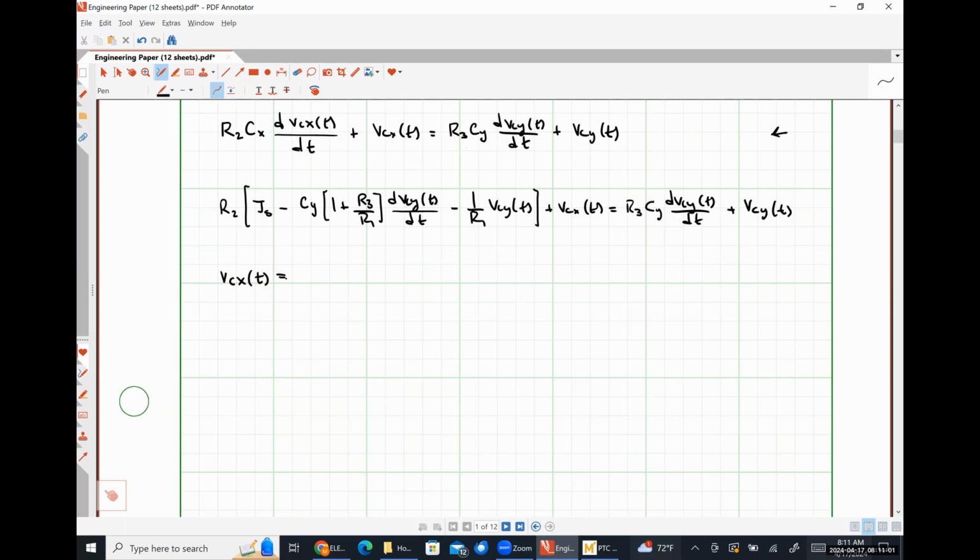So I'm going to have an R3 CY, which is from this guy, plus an R2 CY times 1 plus R3 over R1, which is from this guy right here. And all of that is multiplied by my first derivative term.